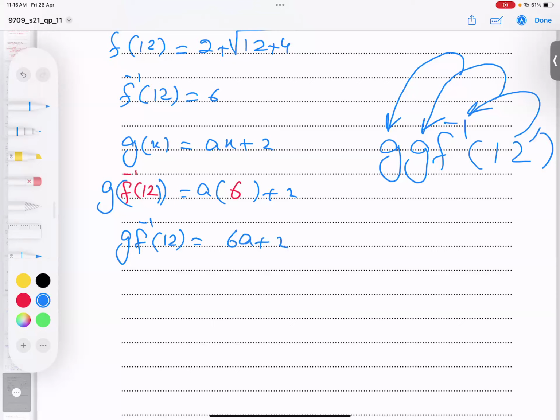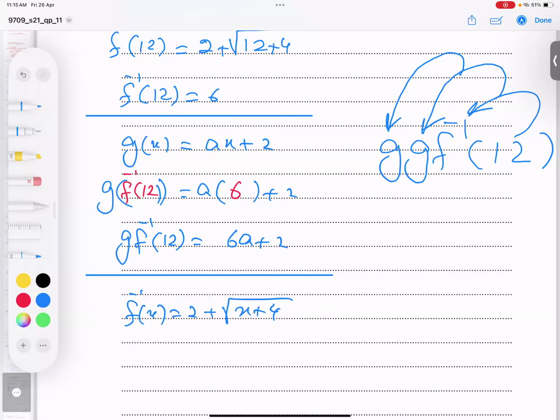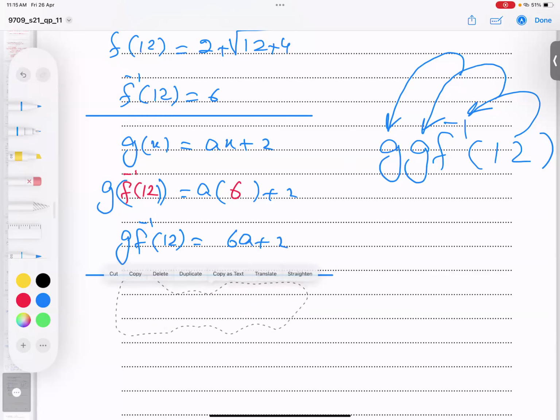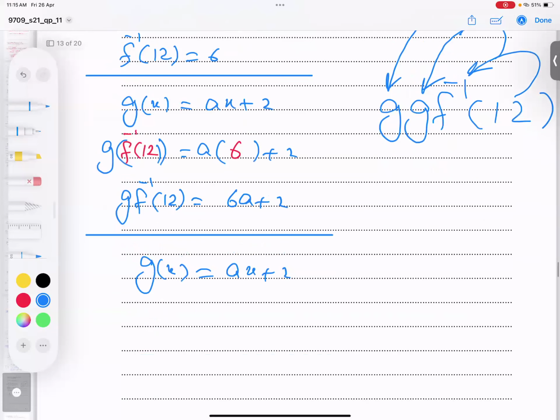Now, this is the last step. This whole thing I plug into G once again. So I will copy paste once again. I write a word here. Here one game is over. Here, second game is over. I'm writing again here and I'm writing paste. Copy paste. Oh, I have to paste, not this one. So I have to paste the other one. Okay, what is that? G of X, copy once again, and that is AX plus 2. So what to do?